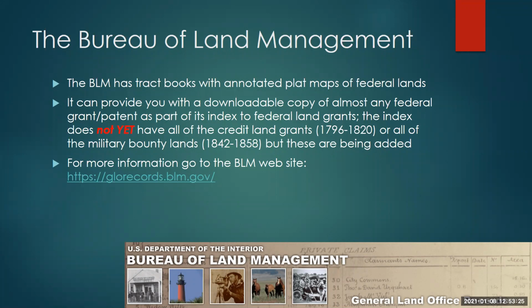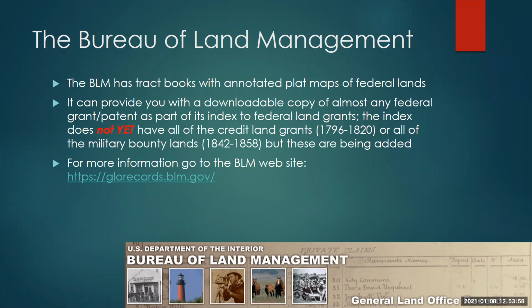I know at the National Archives, they're doing a monster index to the federal military bounty land records. I think by now they're up to like the letter M or something. But if who you're looking for is higher up the alphabet than what the National Archives has done so far, the first thing they ask you to do is go to the Bureau of Land Management's index and see if you can find the patent there.